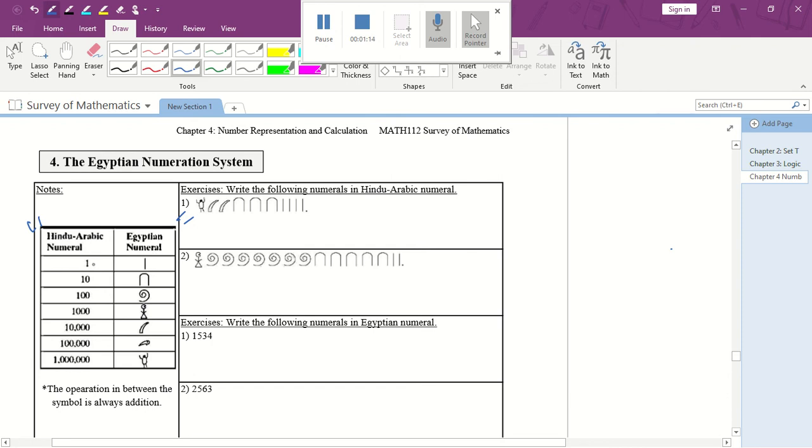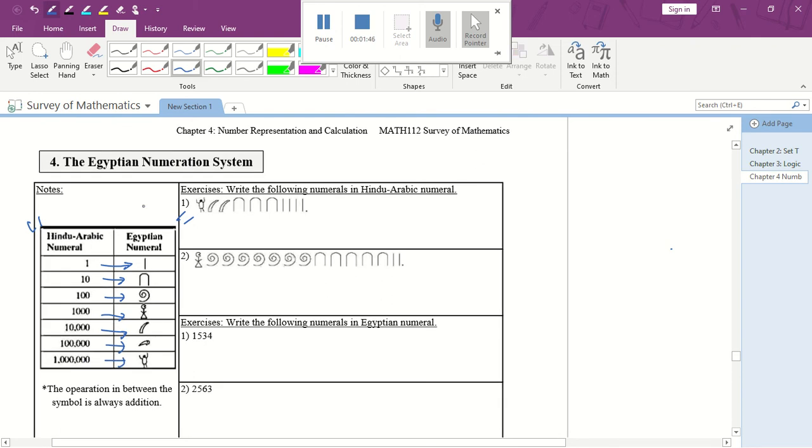For example, 1 in Egyptian numerals is just a line, and 10 is like a cover, 100 is like a tornado, 1,000 is like a plant, but the plant that will eat the people, and 10,000 is like a fingernail, 100,000 is like a tadpole, and 1 million is like a person.